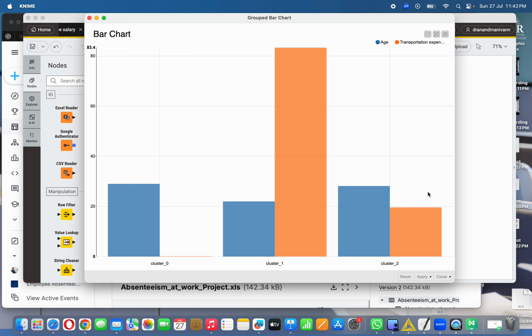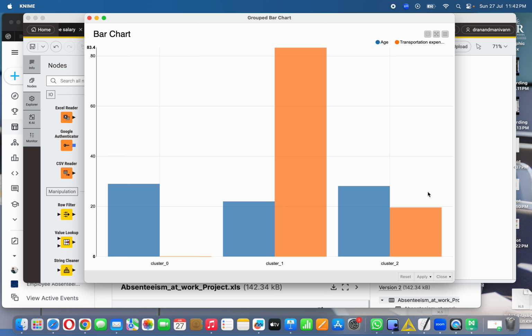So how do we look into this particular chart summary? The X-axis shows the cluster labels which have been assigned, that is 0, 1 and 2. The Y-axis shows the average value of the variables, that is age and transportation expenses. And in the legend, blue bars equal age and orange bars equal transportation expenses.